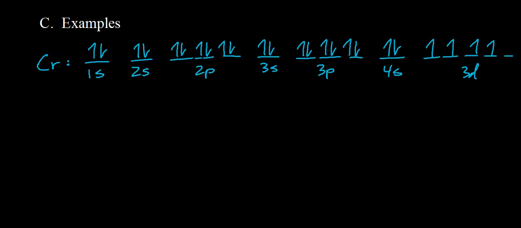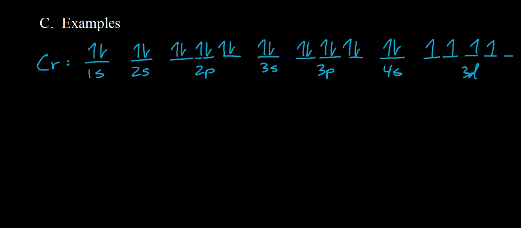All right, so here's what we would expect for chromium. Of course, we always fill up lower energy sublevels before we add electrons to higher energy sublevels. So, for example, we're always going to fill up the 4s before adding electrons to the 3d. Now, here's the thing. This is not the most stable arrangement of electrons in chromium.